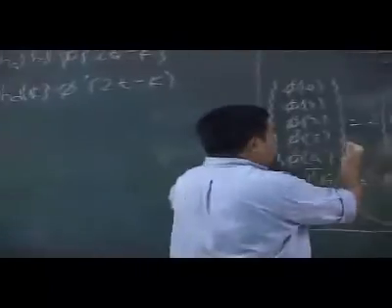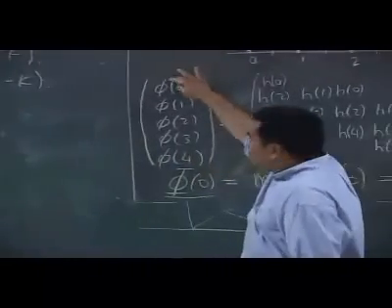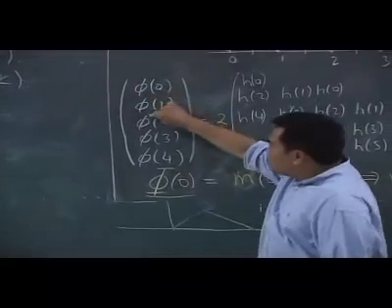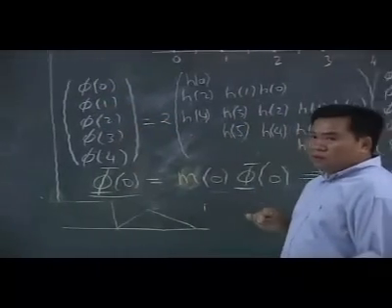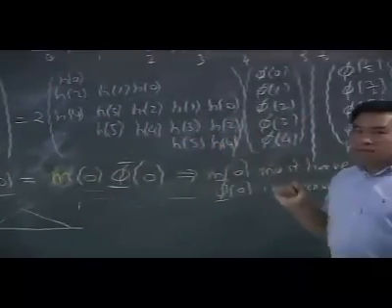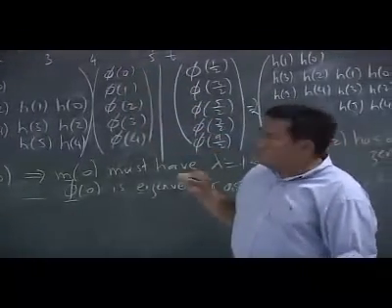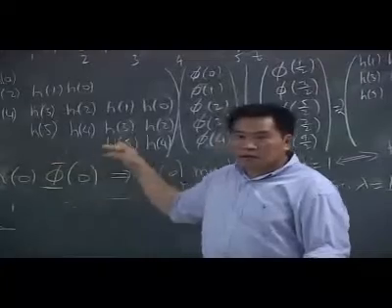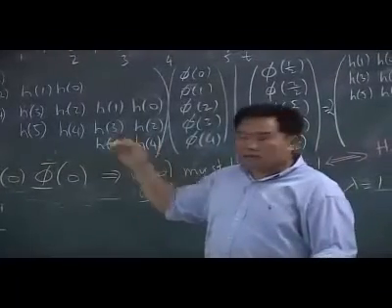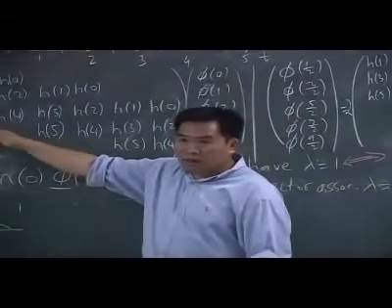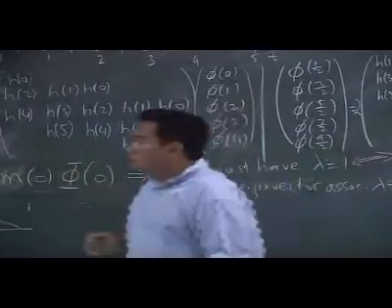Okay. So I have phi prime of 0, phi prime of 1, phi prime of 2, and so on and so forth. Would this change? This will be phi prime. Right? Would this change? No. What changed? This 2, right? Become 4.